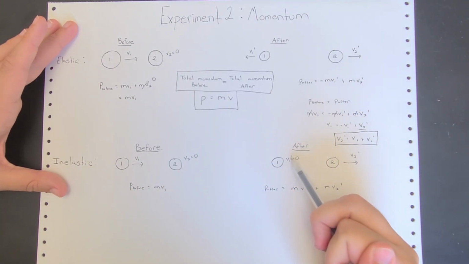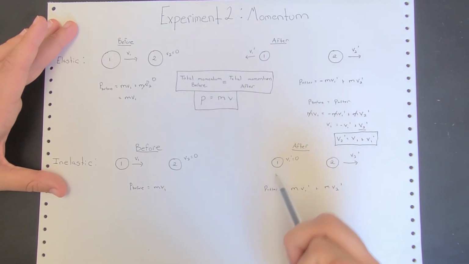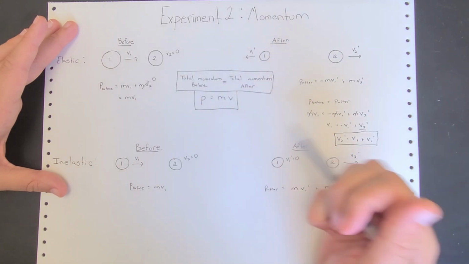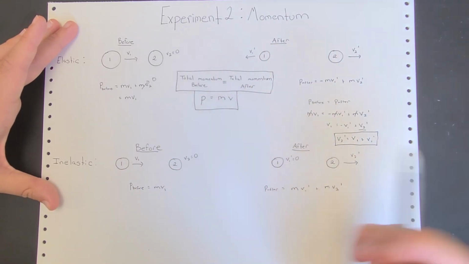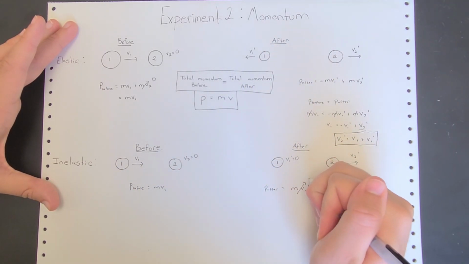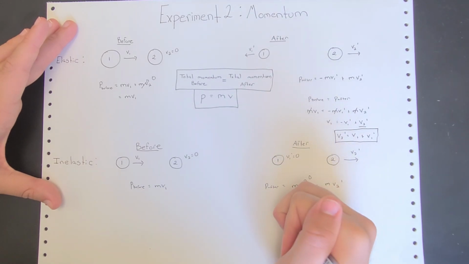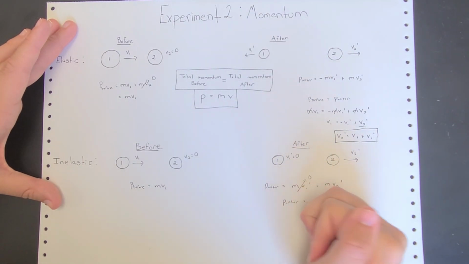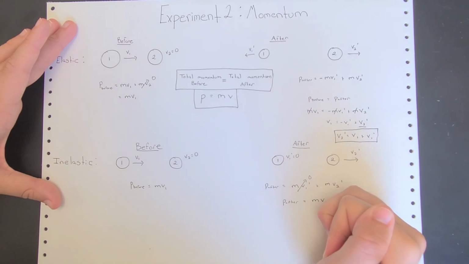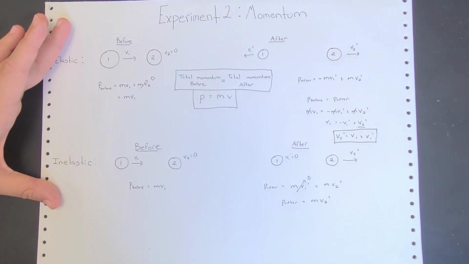But remember, v1 prime is now 0 because it stopped, whereas before it was going to the left. In an inelastic case, it stops after it collides. So this is actually 0. So my momentum after is going to be equal to mv2 prime.